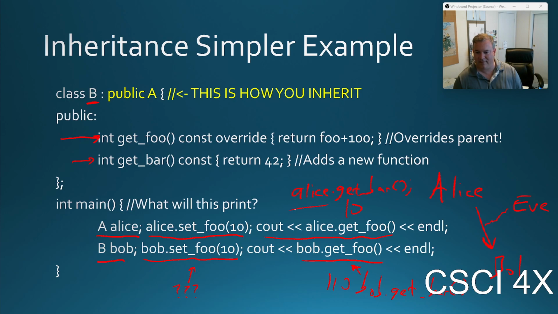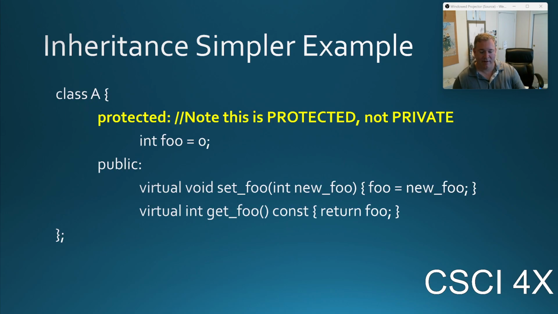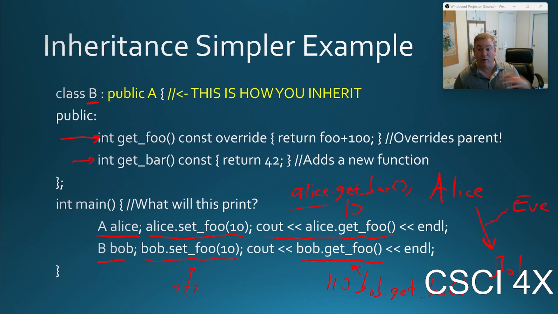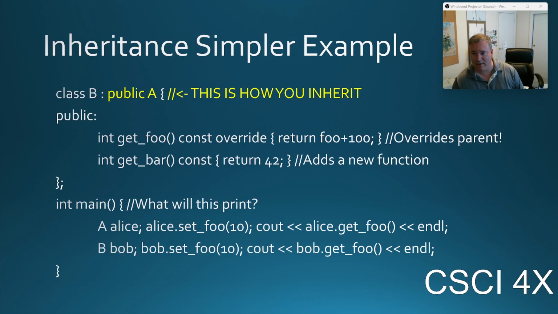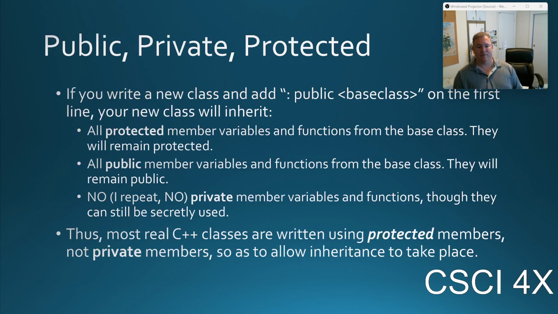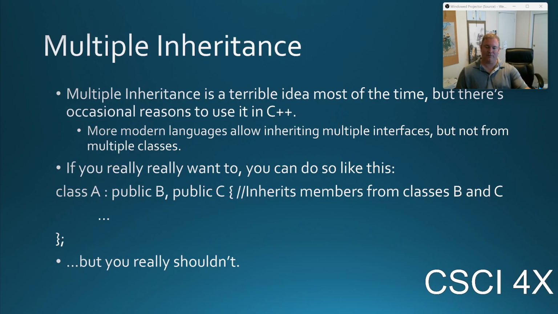Does the A class have a getBar method on it? Alice is an A. They don't have a getBar function, so it will not work. It will not compile. It will give you a compilation error. So basically, private and protected are pretty close, except private protects the variables even from the kids.